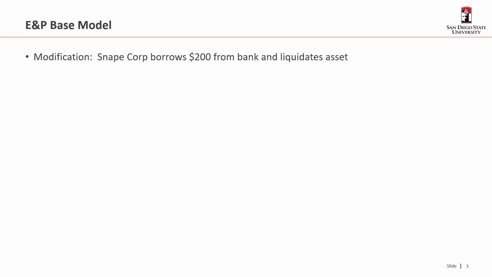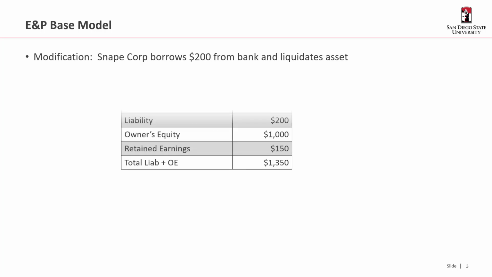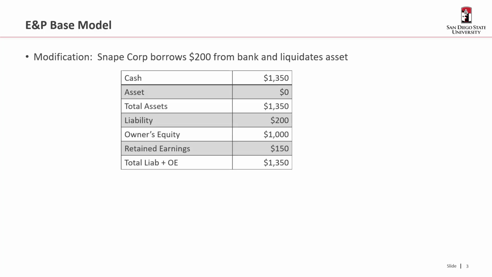So let's do a quick modification. In this case, Snape Corp borrows $200 from a bank. And at the end of the year, it liquidates the asset. So basically, think of it as it borrows $200 and then immediately liquidates the asset that it used to generate income. So it's placed all of its assets now in the form of cash.